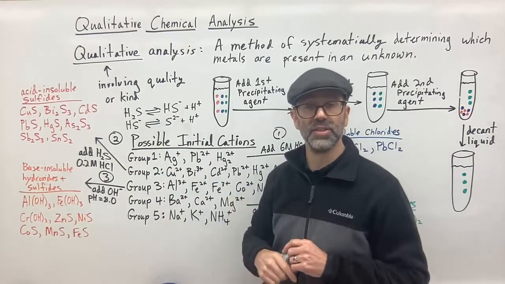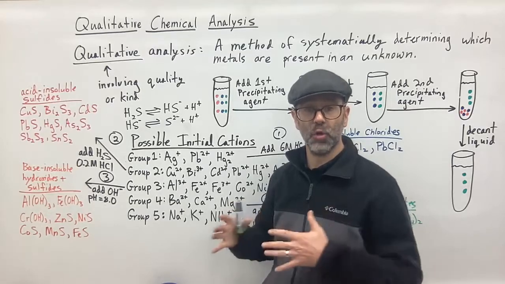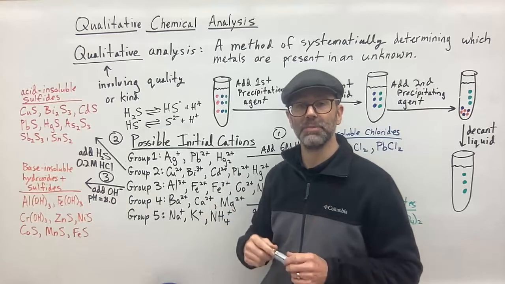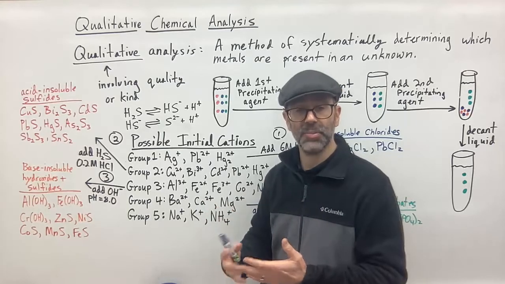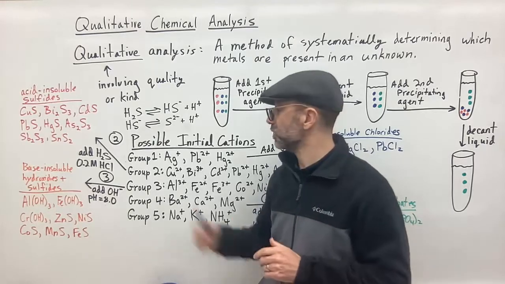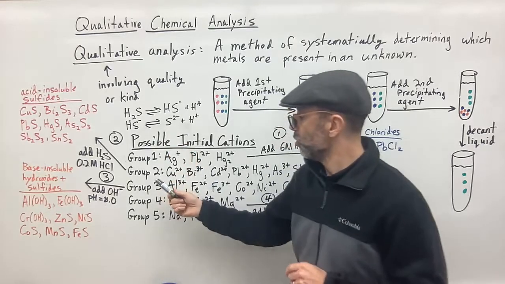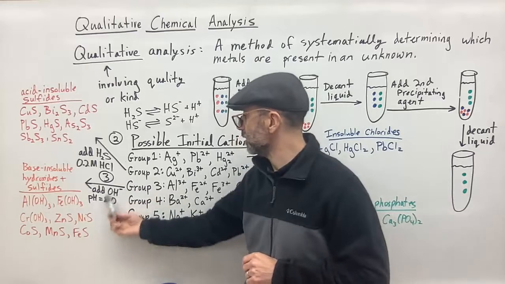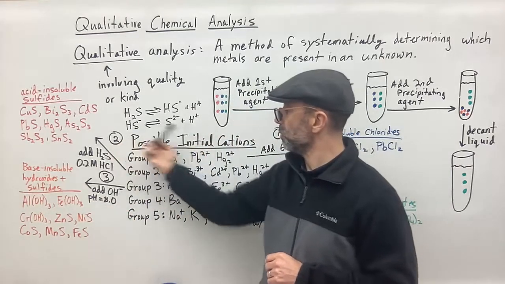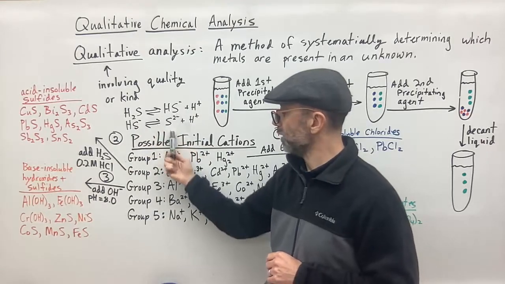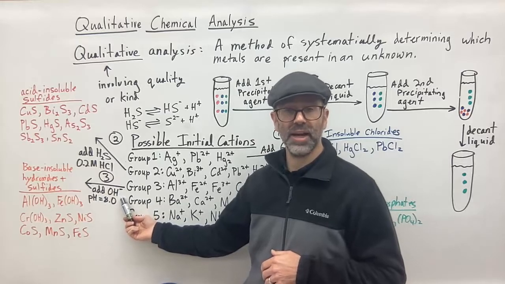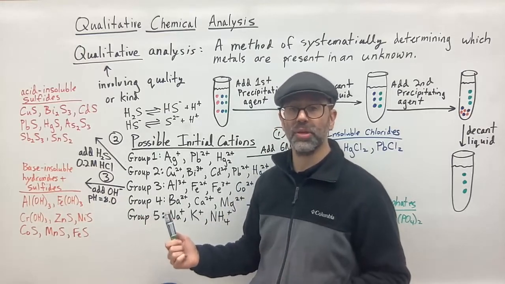Raising the sulfide concentration allows those metal sulfides that have a higher KSP to precipitate out, because to get them to precipitate, you need a higher concentration of sulfide. So we want to neutralize our acid, driving the equilibrium this way to form sulfide.